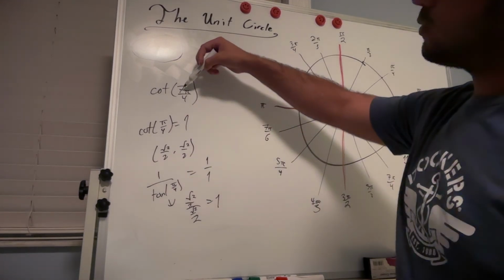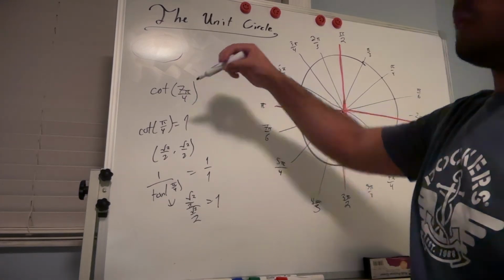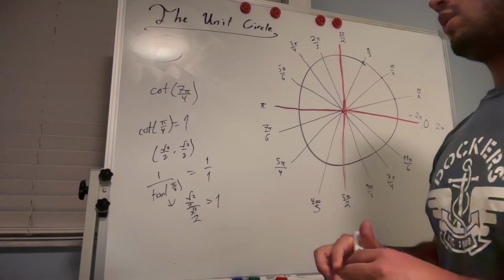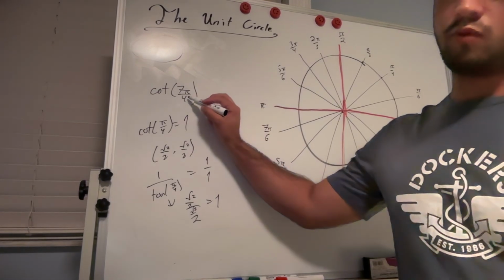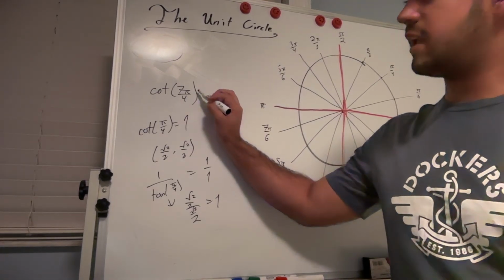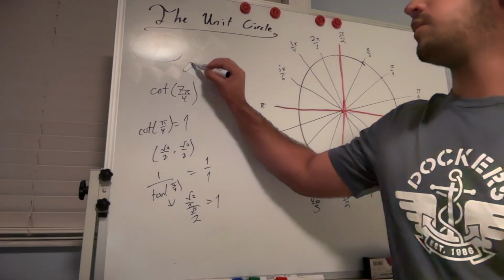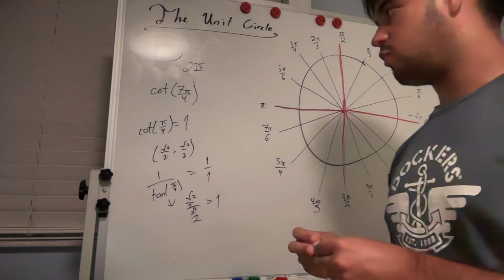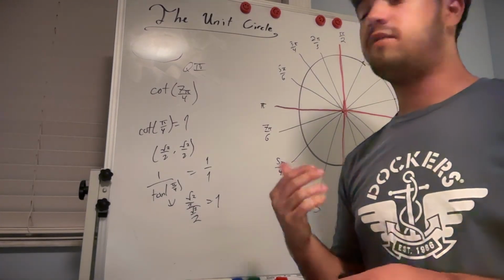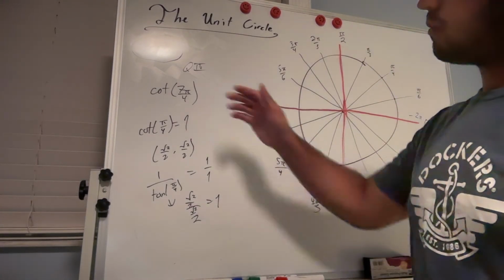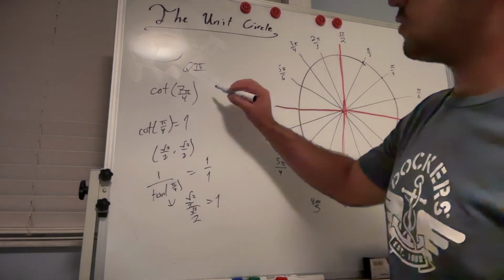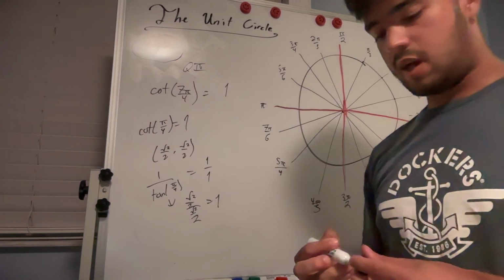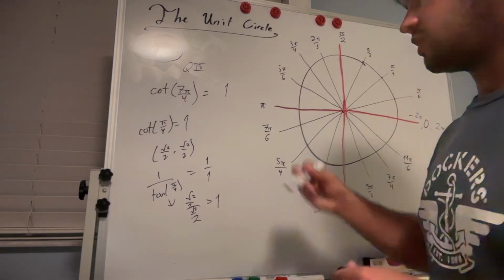And then if we wanted to find the cotangent of 7 pi over 4, we think back to our All Students Take Calculus. This we know is in quadrant 4 because 4 times 2 is 8 minus 1 is 7. So it's in quadrant 4. And then if I wanted to know if the value for 7 pi over 4 was positive or negative, because we know it's going to be 1, I would think All Students Take Calculus.